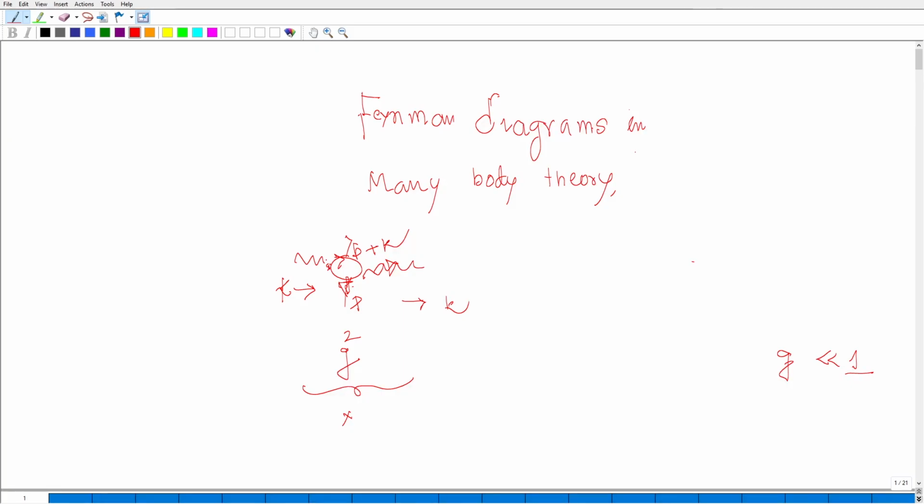These two vertices where the external line joins the closed loop are called the vertices.